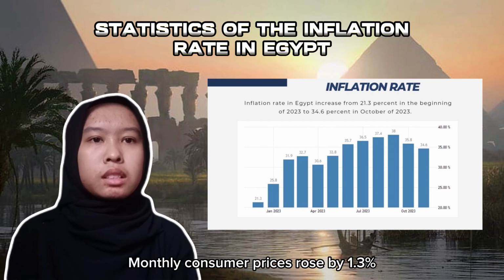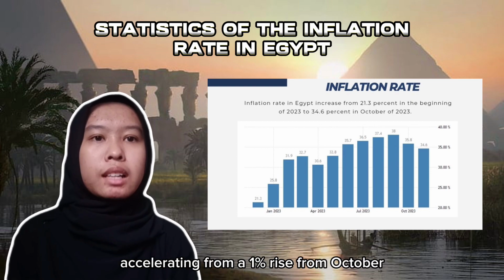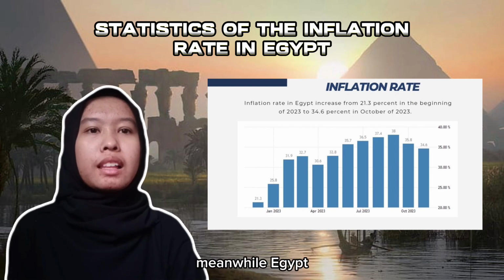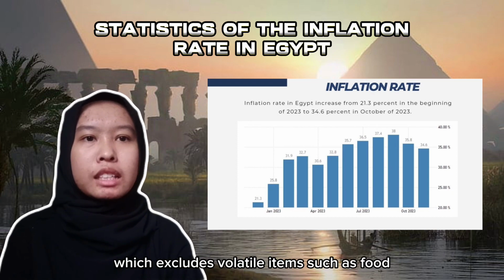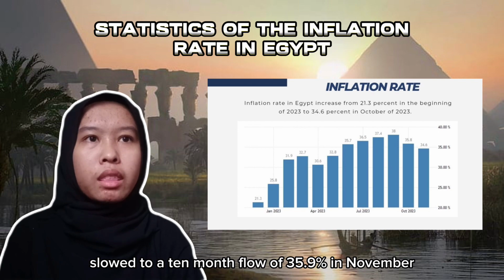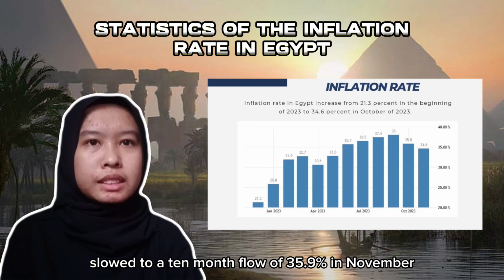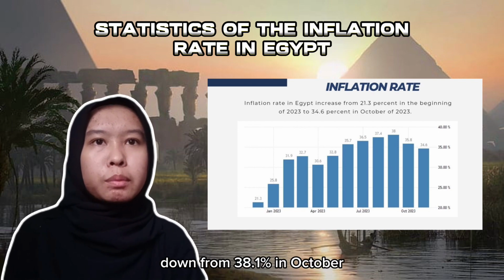Monthly consumer prices rose by 1.3%, accelerating from a 1% rise in October. Meanwhile, Egypt's annual core inflation rate, which excludes volatile items such as food, slowed to a 10-month low of 35.9% in November, down from 38.1% in October.